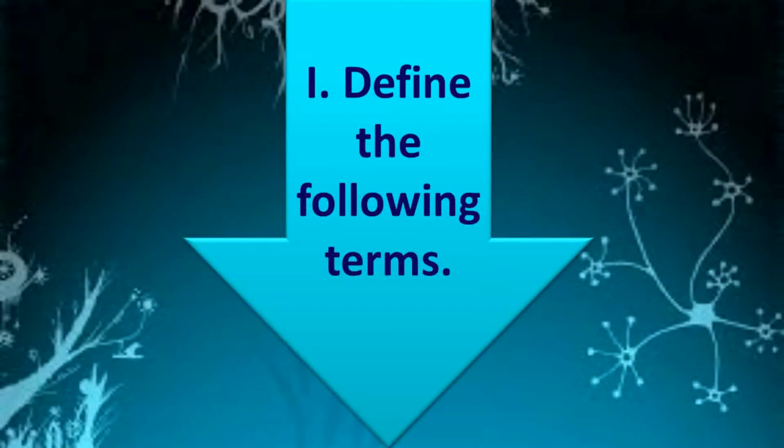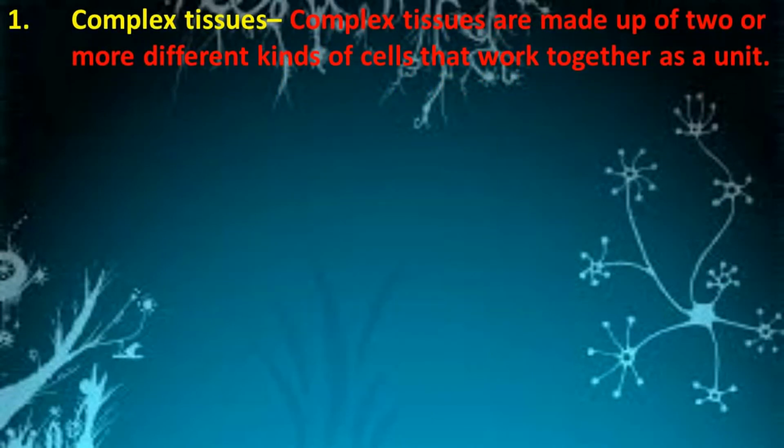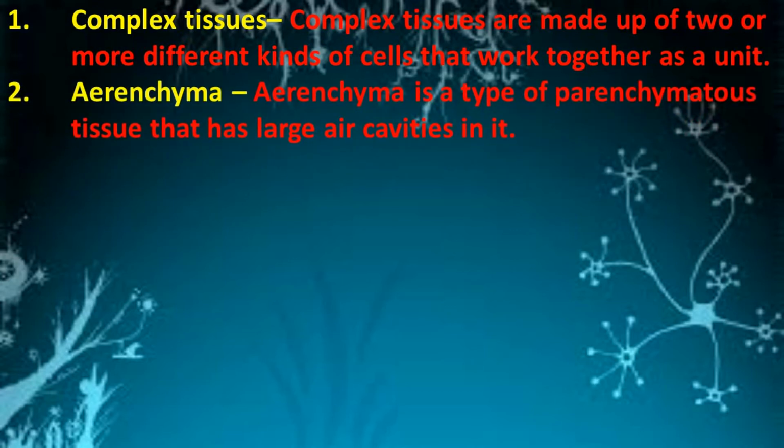Next question. Define the following terms. Complex tissue. Complex tissues are made up of two or more different kinds of cells that work together as a unit. Aerenchyma: aerenchyma is a type of parenchymatous tissue that has large air cavities in it.